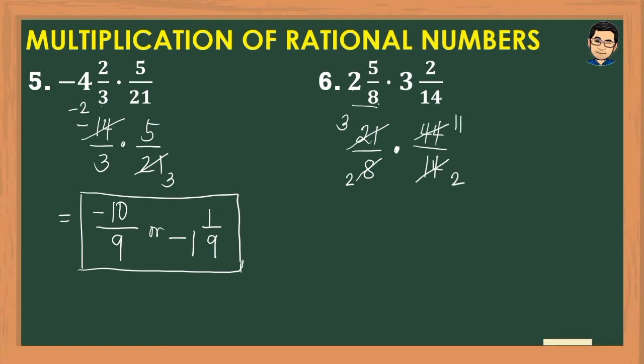Now, we multiply the remaining factors. 3 times 11, that is 33. 2 times 2, that is 4. So 33 over 4 is an improper fraction. So we need to change this one into a mixed number now. So 33 over 4, that is 8 and 1/4. So this will be our final answer.